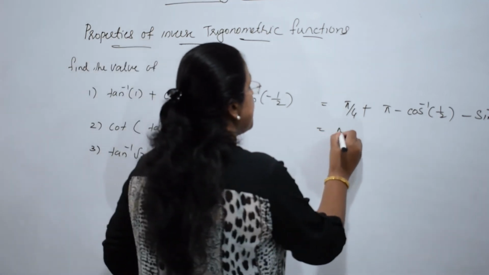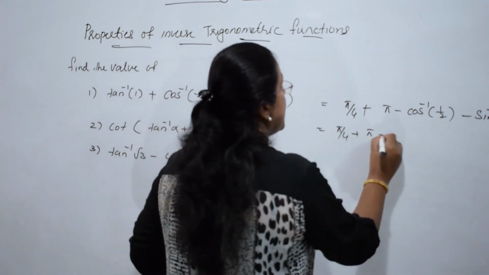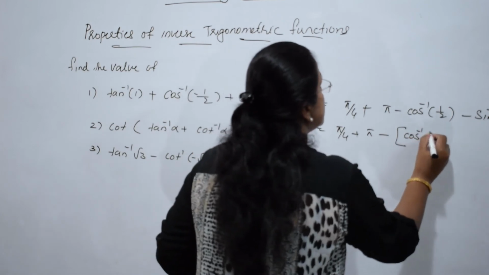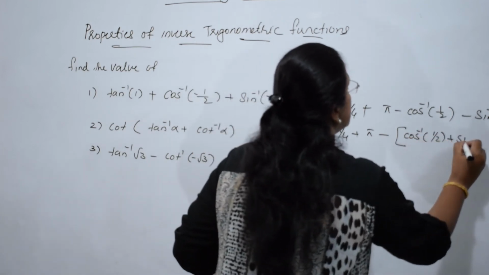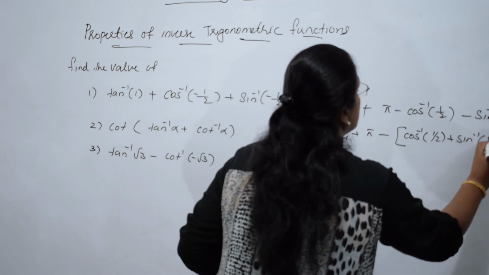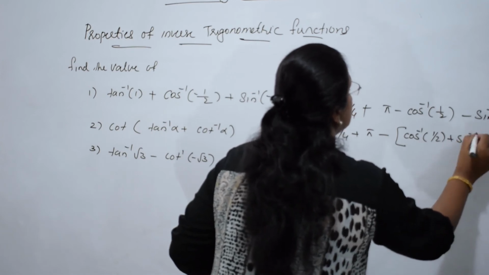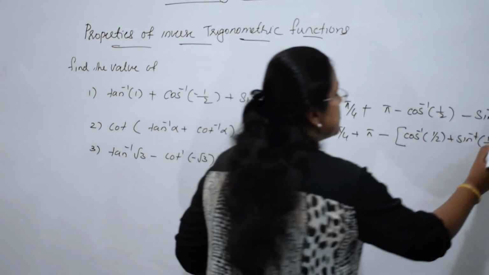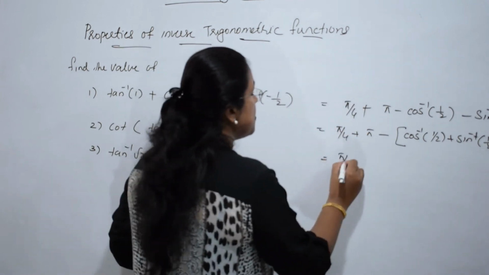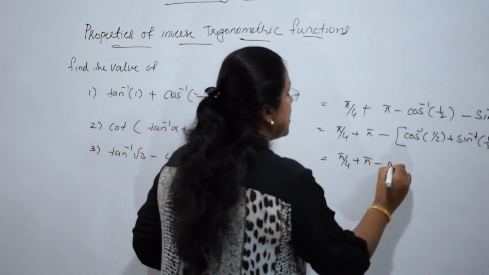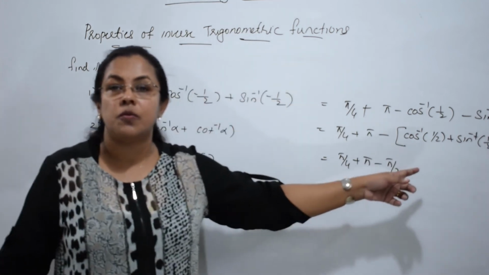So this is pi by 4 plus pi minus cos inverse half plus sin inverse half. Cos inverse half plus sin inverse half is equal to pi by 2, so this is pi by 4 plus pi minus pi by 2. Why pi by 2?